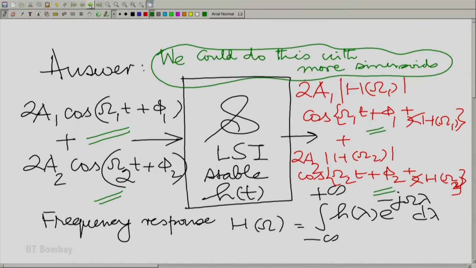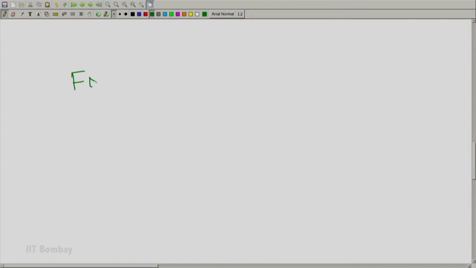So, the frequency response, let me look at that frequency response clearly once again. Let me write down the expression for the frequency response and highlight where stability comes in.